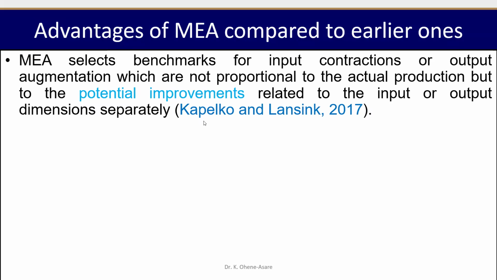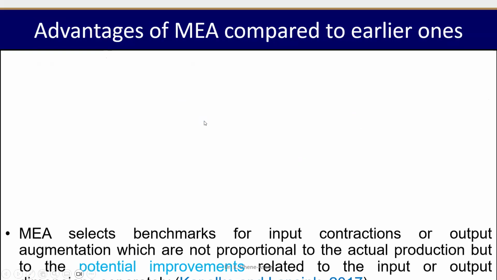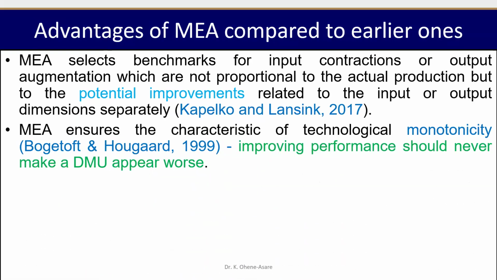So, what are we talking about? Technological monotonicity. Well, as the name sounds, I've given it an implication. Technological monotonicity means that when you are improving the performance, it should never make the DMU appear worse. At least it should make the DMU appear what it was.